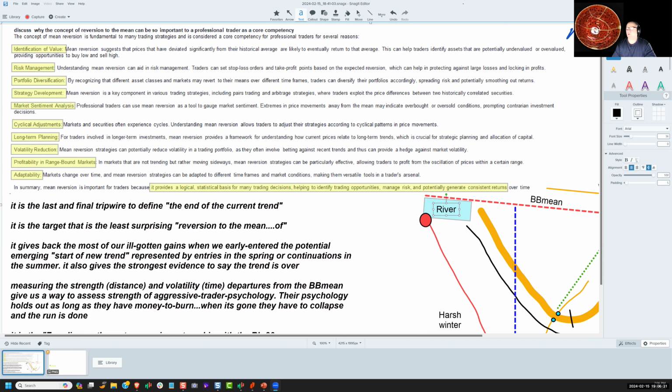So, the question tonight was from Jonathan, and he asked me to talk about the Bollinger Band mean of 30, which is the structure we use for the river.